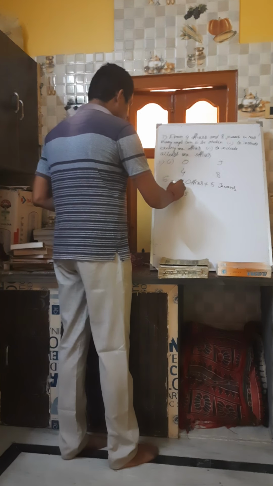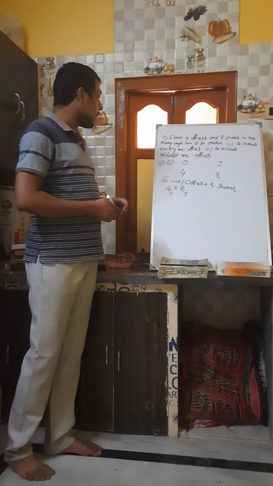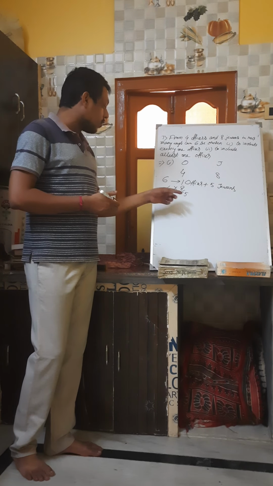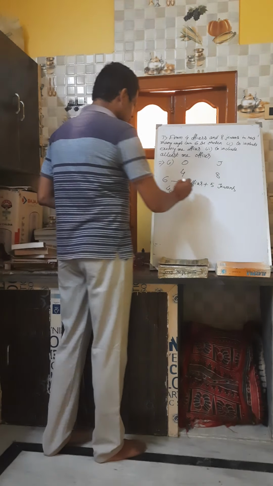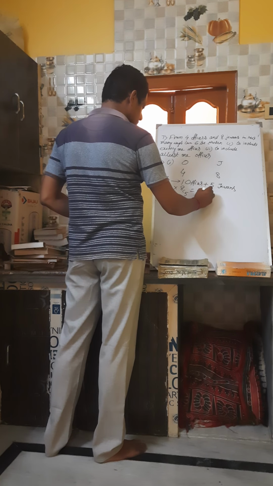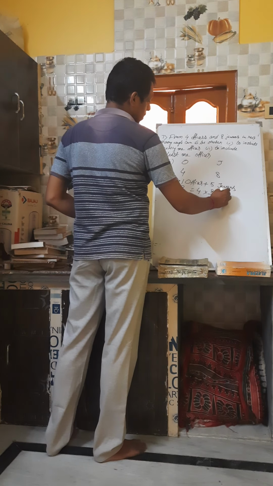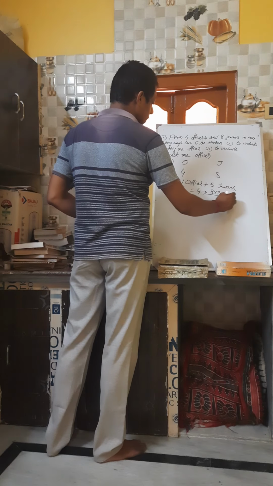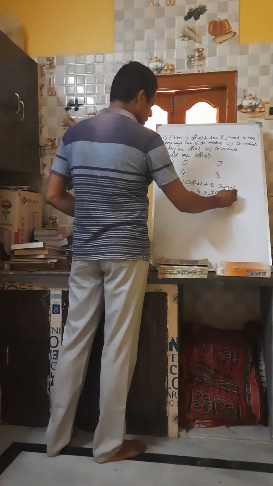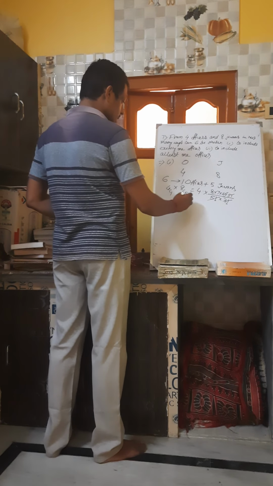That means the total number of ways to form a committee of 6 members in which there is exactly 1 officer is 4C1 into 8C5. 4C1 is 4, and 8C5 is 8, 7, 6, 5 factorial by 5 factorial into 3 factorial. 5 factorial gets cancelled. 3 factorial means 6.